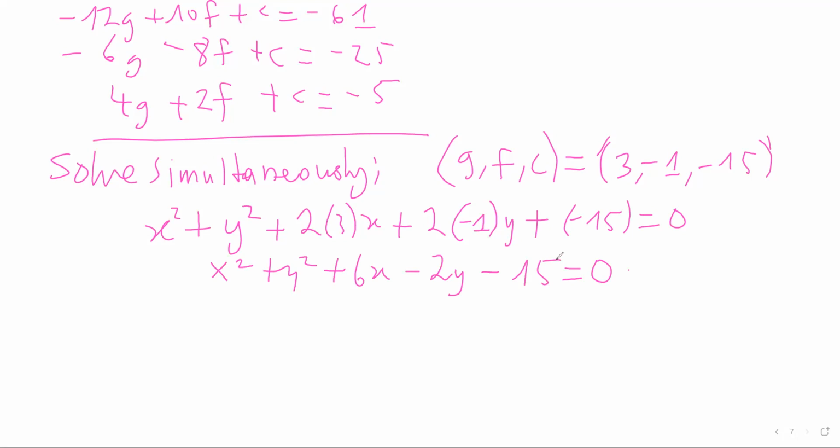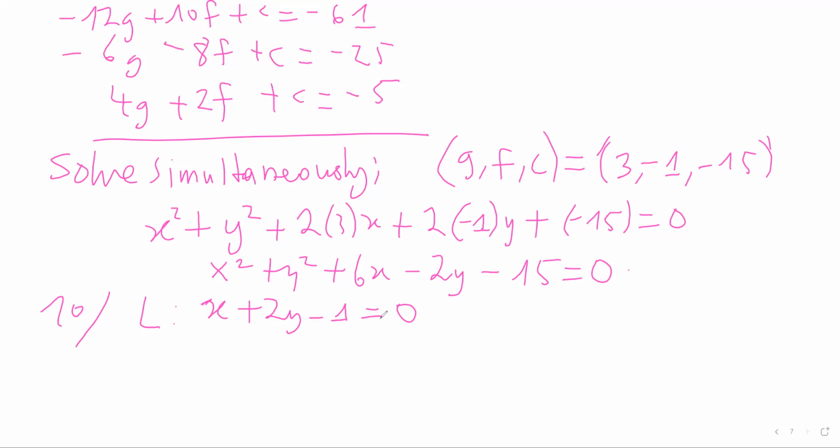The next question, which is question 10, is that if you have a line x plus 2y minus 1 is equal to 0, which intersects the circle.